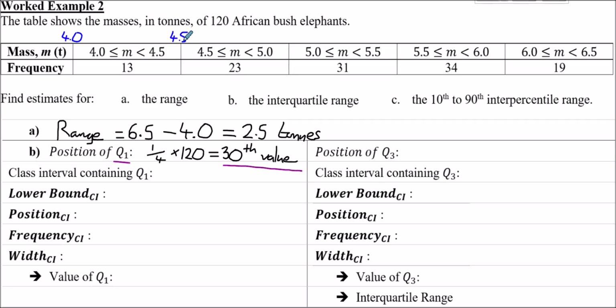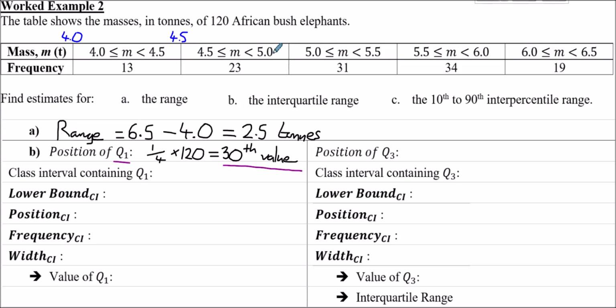Like I said before, if you encounter a situation where these limits aren't continuous, where we don't flow one into the other, you'd take halfway between them as this limit. So for example, if this were 4.0 and this were 4.5, this number here would be 4.25, halfway between them. That's what you do if the upper and lower limits don't run into each other. Here they do, so we don't need to worry about that.